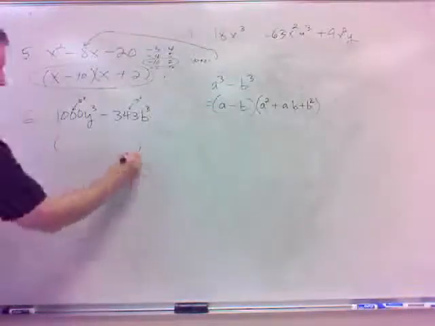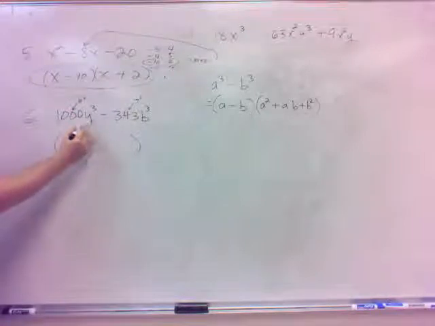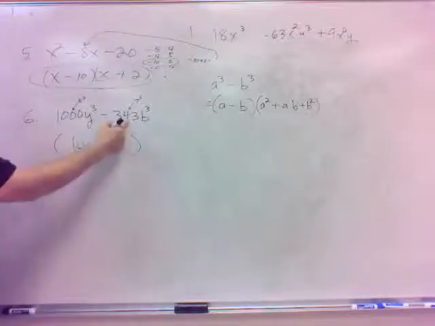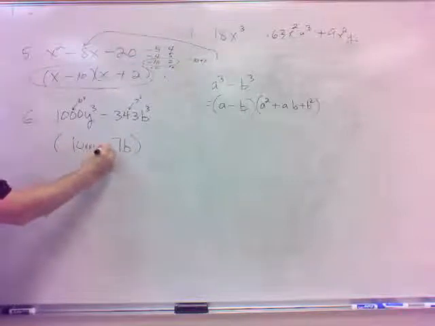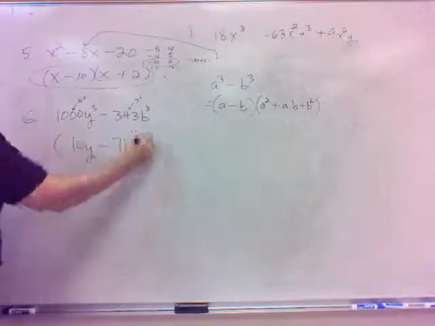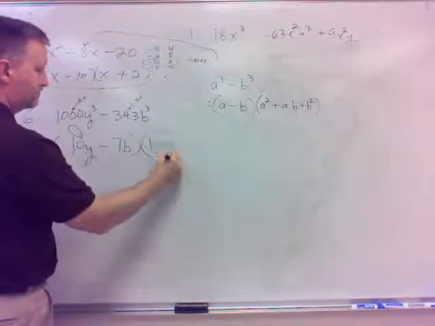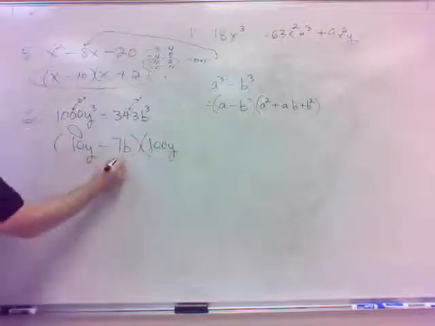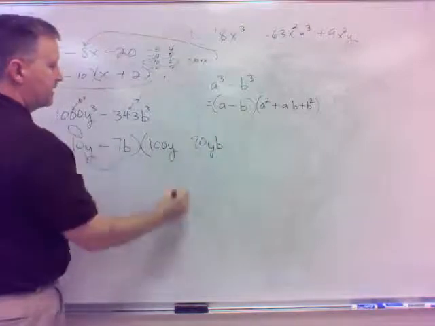All right, so how's this one going to work? Well, A would be 10y. B would be 7b. And it's minus between them, same sign there. All right, then we do 10y times 10y, that's 100y squared. And then 10y times 7b is 70yb, or by. And it's a plus.